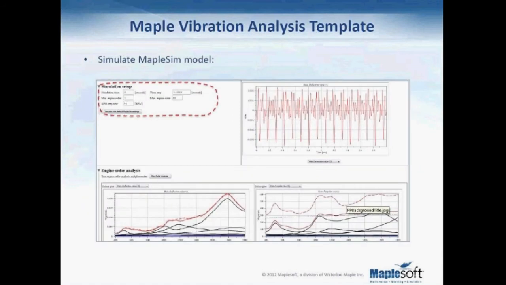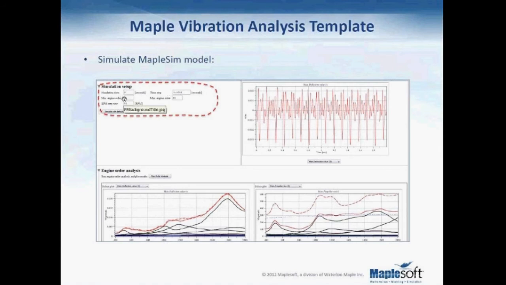After you load up the engine excitation table and define the parameters for the simulation, you can run the simulation either from the MapleSim model or by clicking on simulate MapleSim model in the Maple worksheet or the vibration analysis template. Here you can define the simulation time step.